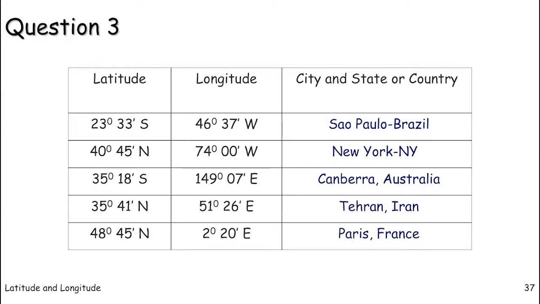And so before I finish this presentation, I just want to add a few more things about some interesting characteristics of latitude and longitude. The first one is that the equator does not have a north or south. The equator, 0 degrees of latitude, there is only one equator. So when you have a location on the equator, when you give the latitude of that location, you don't add north or south.